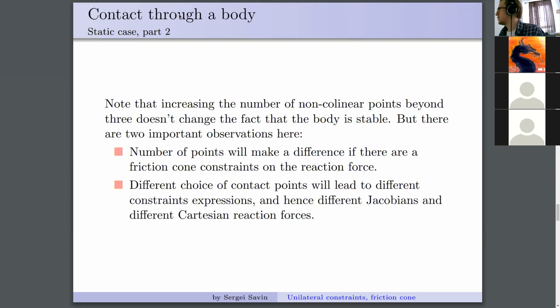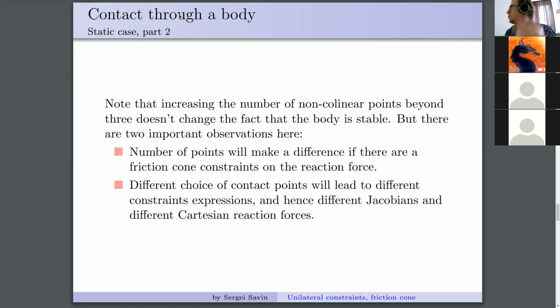But notice that there are some details. First detail: if you introduce more than 3 points, like 4 points and more, they don't actually change the fact that the body is static, right? 3 points on the ground, or 4 points, or 5 points.